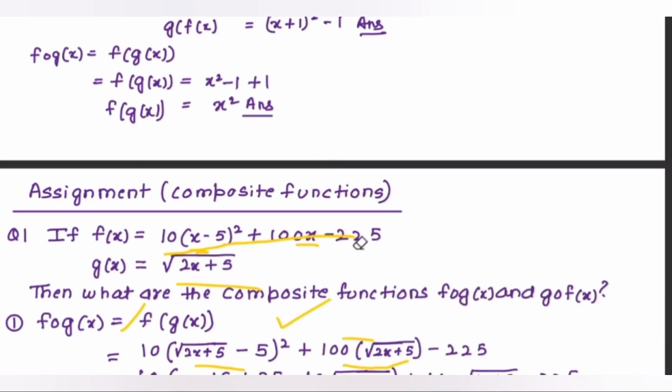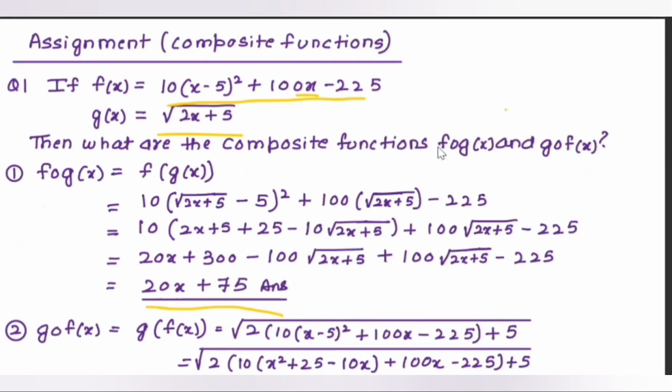Next, we have one assignment of composite function. I'll go with this question. Though it is easy, still I'll go. My f of x is this and g of x is under root of 2x plus 5, and I am asked to write the composite function f of g of x. I'll do f of g of x.